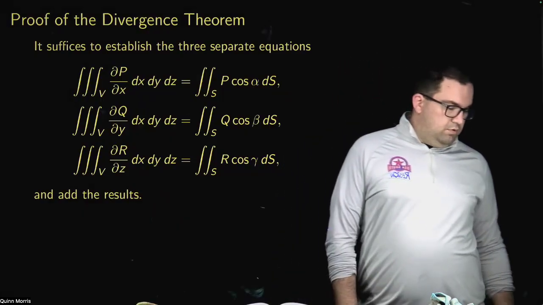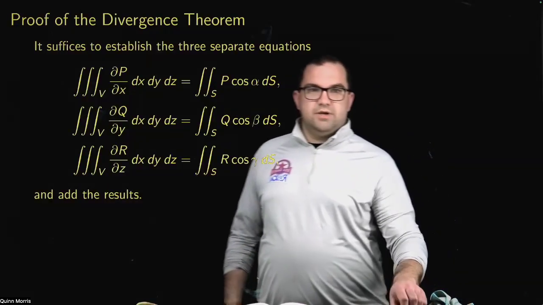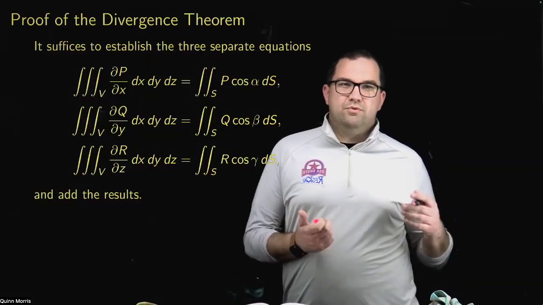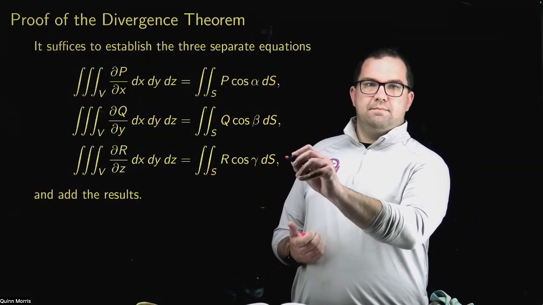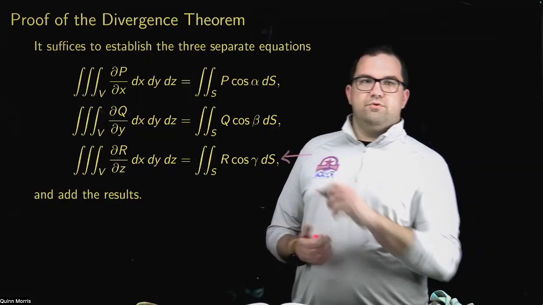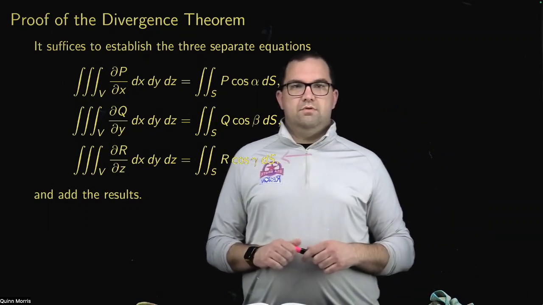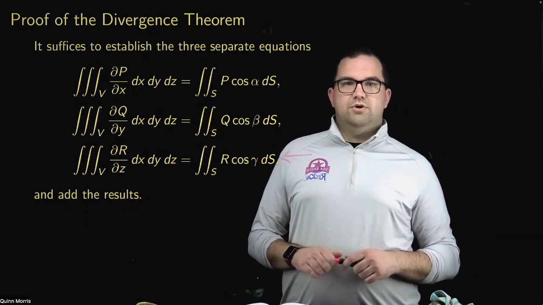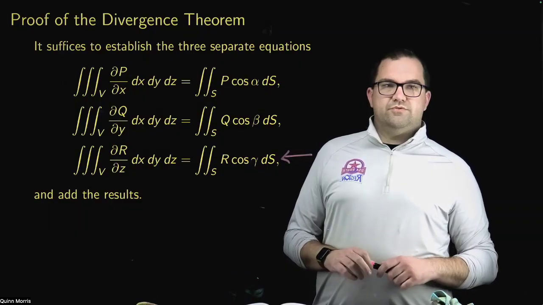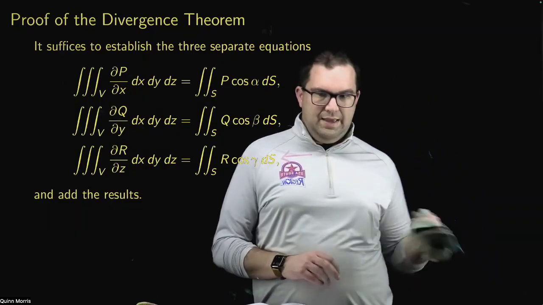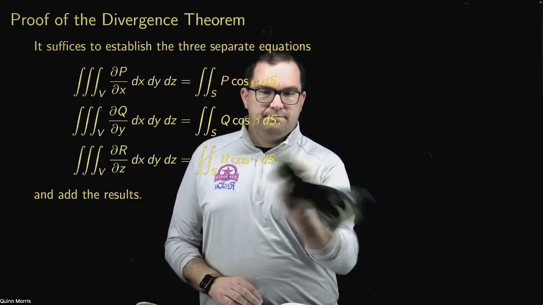All right, so to prove this, the proofs of all three of them are more or less the same. We're going to prove this third one, okay? So we're going to prove that the triple integral over the volume V of dR dz is equal to the surface integral of R cosine gamma. All right.